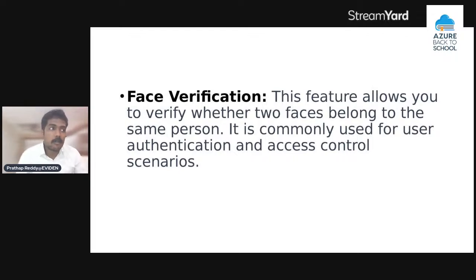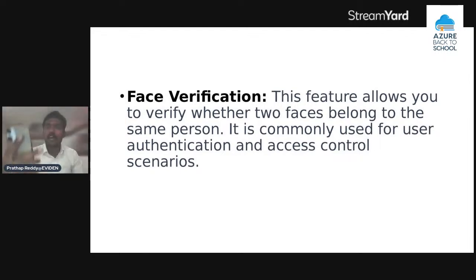For example, I'm using my mobile. I capture my face and it opens. This is the normal image, so it will detect a person. If it is someone else, it is unable to open.